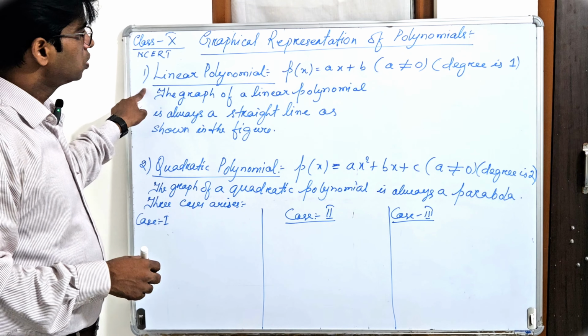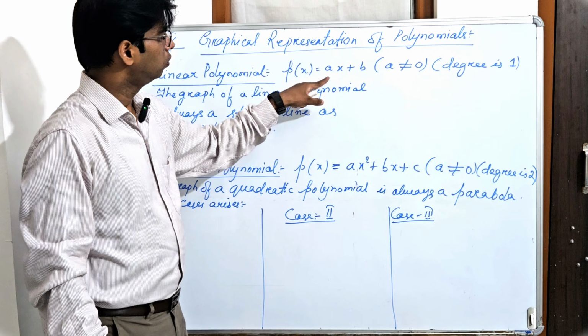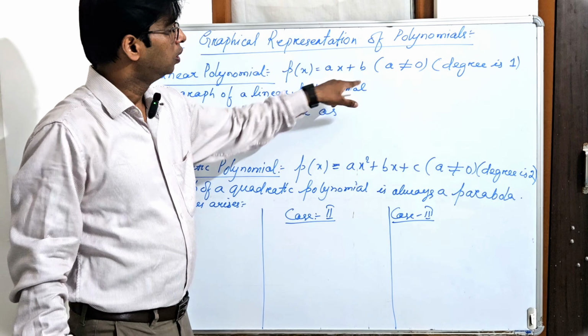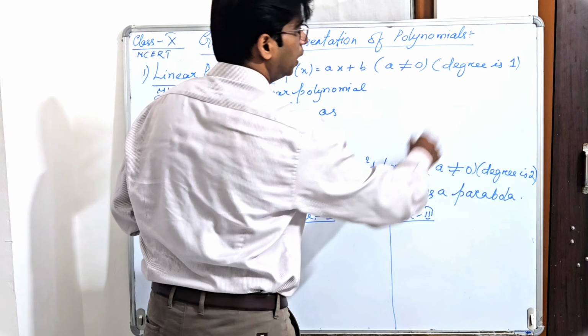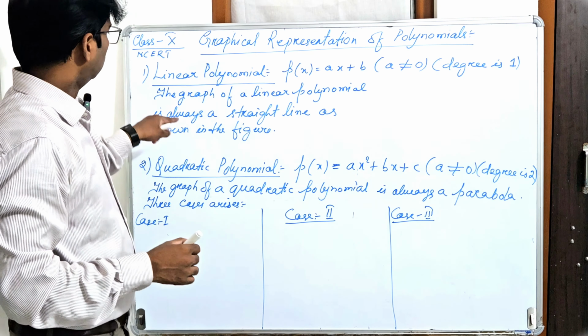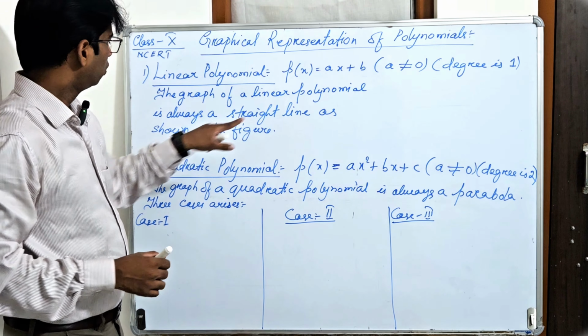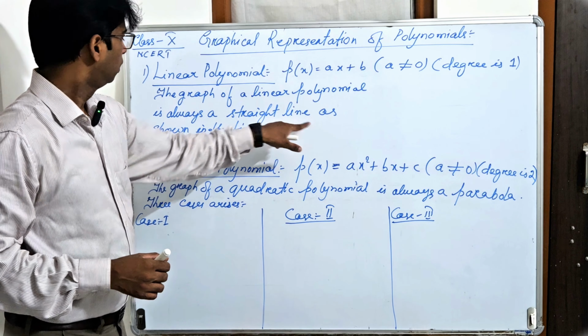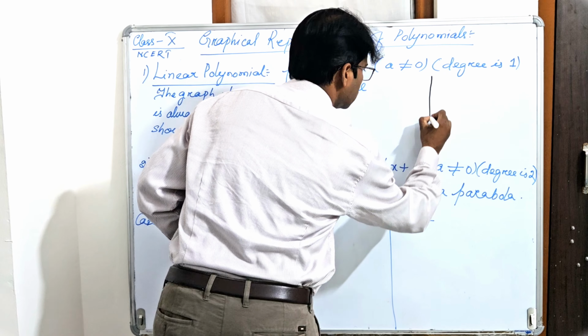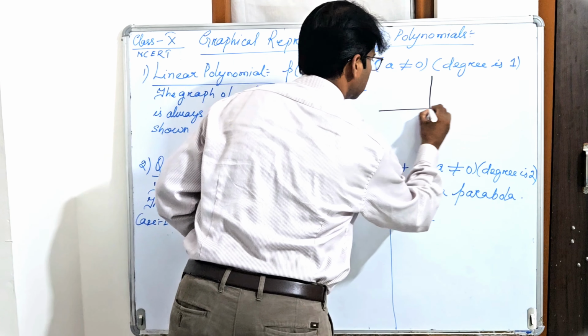So linear polynomial is what? The general form, as you know, in class 9 also we have studied, p of x is equal to ax plus b, where a is not equal to 0, and degree obviously it is 1 because it's a linear polynomial. Here it is given the graph of a linear polynomial is always a straight line as shown in the figure. You see this is the y-axis, this is the x-axis.